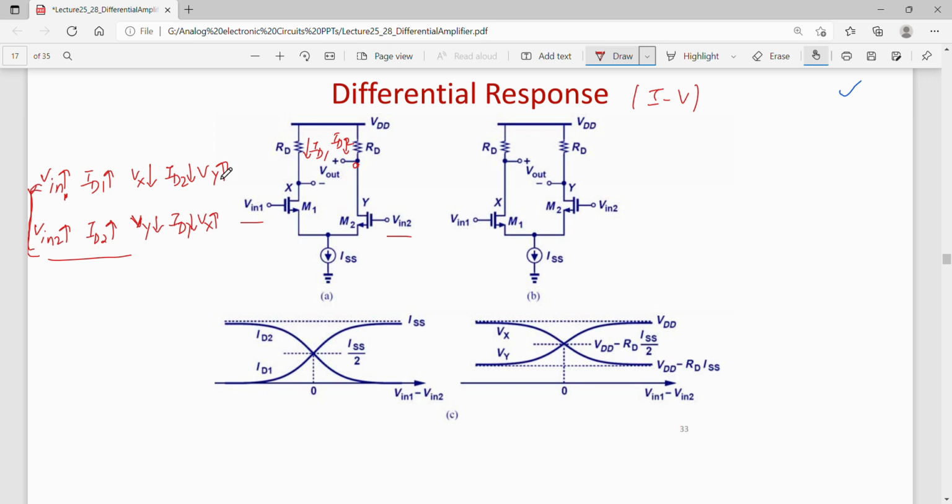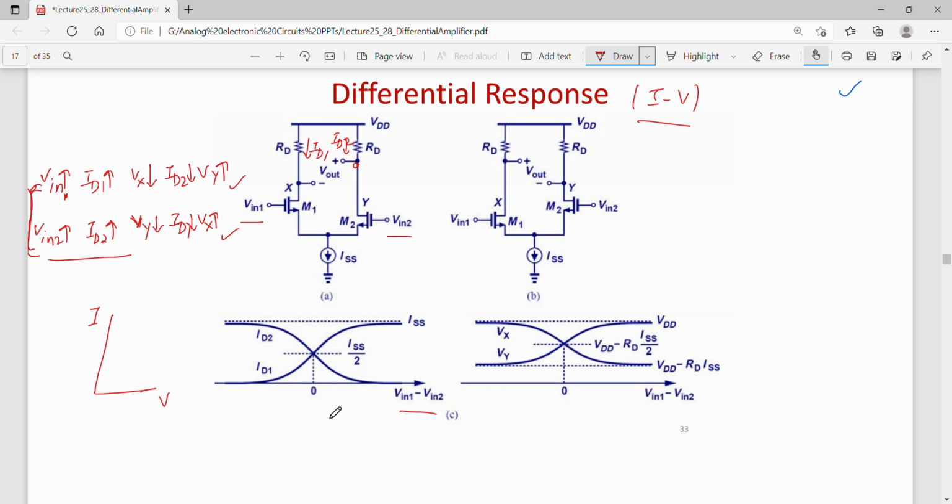Considering both these, these things can also be plotted, considering current on the y-axis and the differential input voltage, Vin1 minus Vin2, on the x-axis. So one can plot IV characteristics.